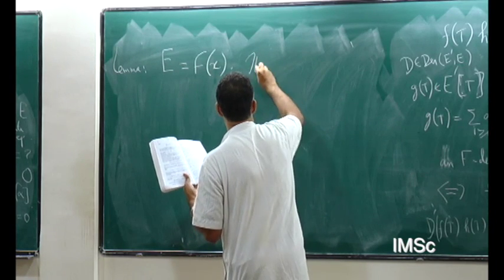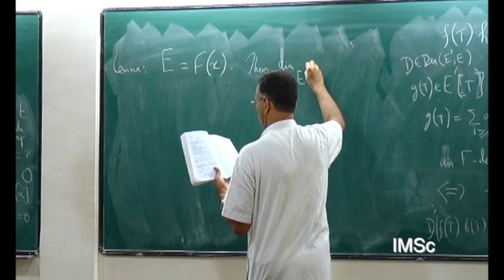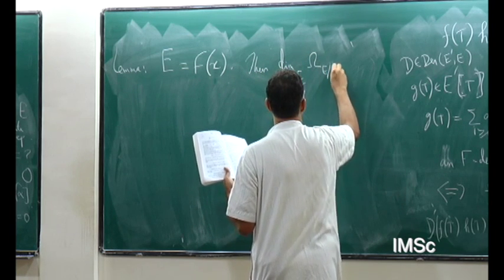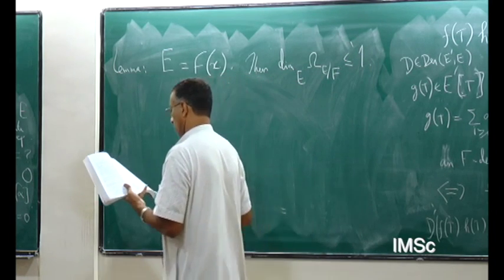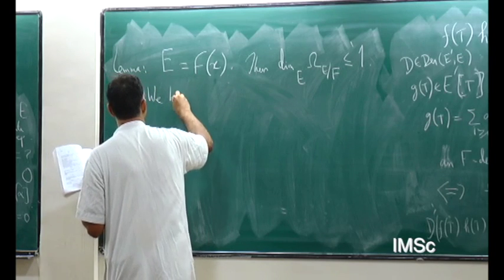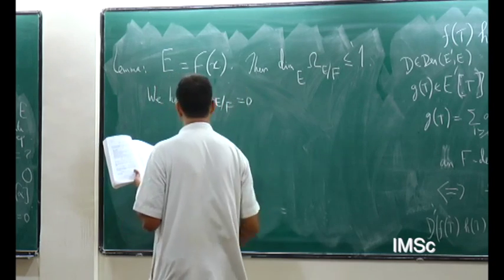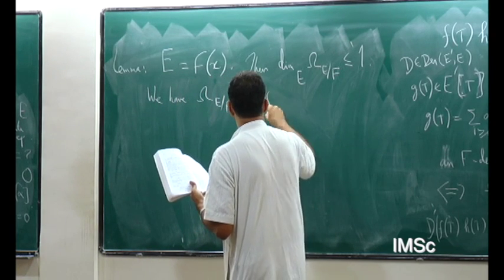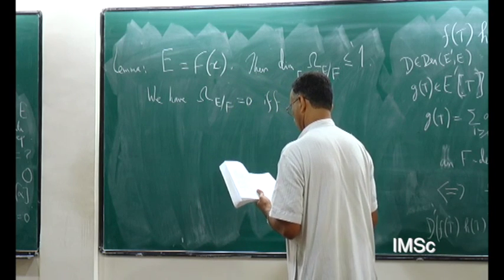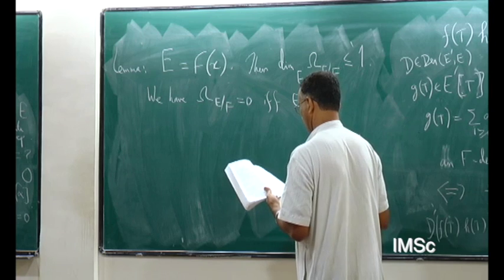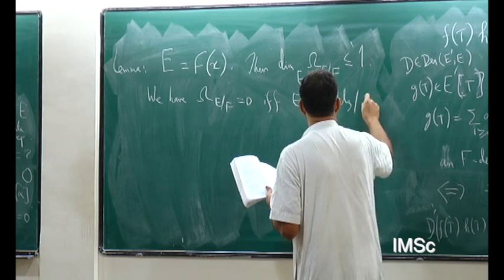Then the dimension of the derivations is less than or equal to 1. We have it equal to 0 if and only if E is separably algebraic over F.